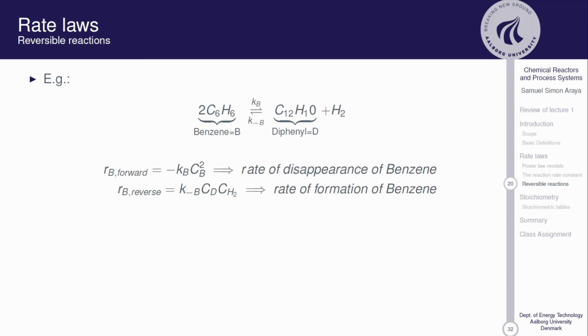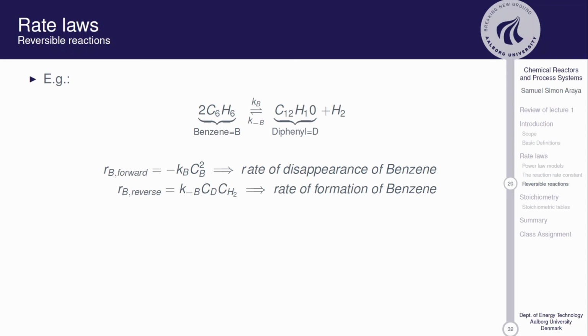You can see that the forward rate of B is the disappearance, so we can do the power law, which means it's Kb, the rate constant, times the concentration of this reactant, the benzene, to the power of 2.